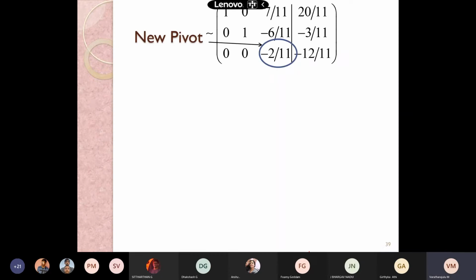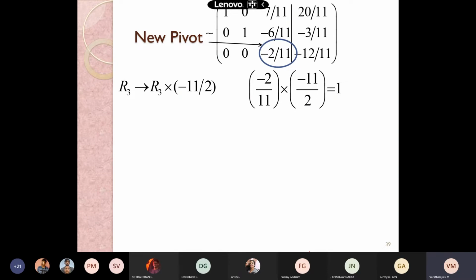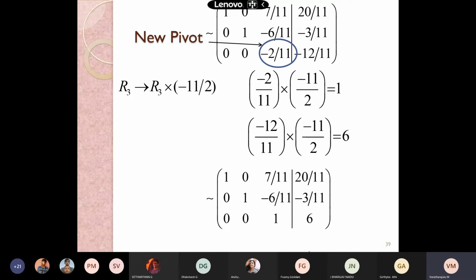Multiplying with the reciprocal, we get 1 by making the new pivot 1, and then the subsequent term, minus 12 by 11 into minus 11 by 2, becomes 6. Therefore, our new row 3 becomes 1 and 6.